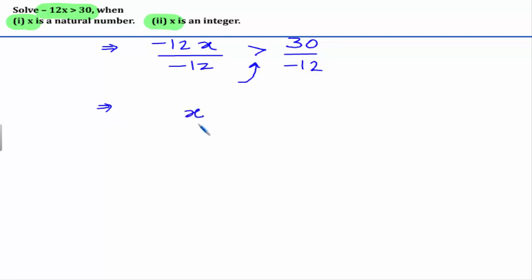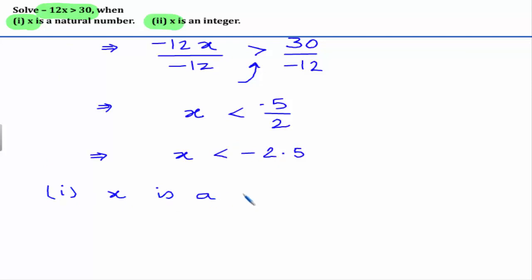Now this will be x. Now the greater than will be less than, and 30/-12 can be written as -5/2. That means x < -2.5. So the value of x, first case is that x is a natural number.